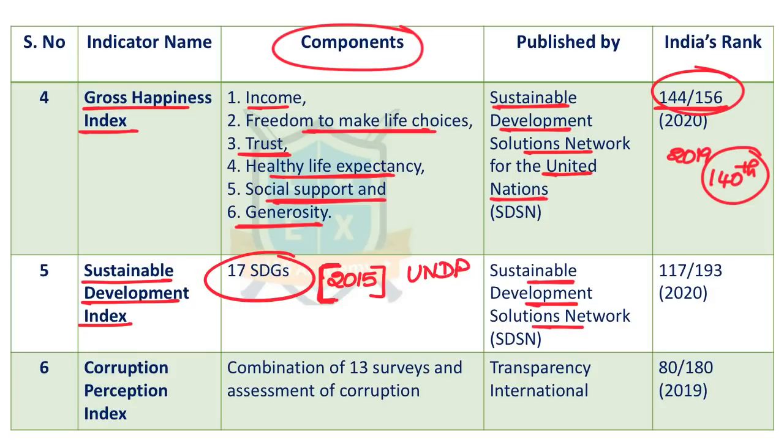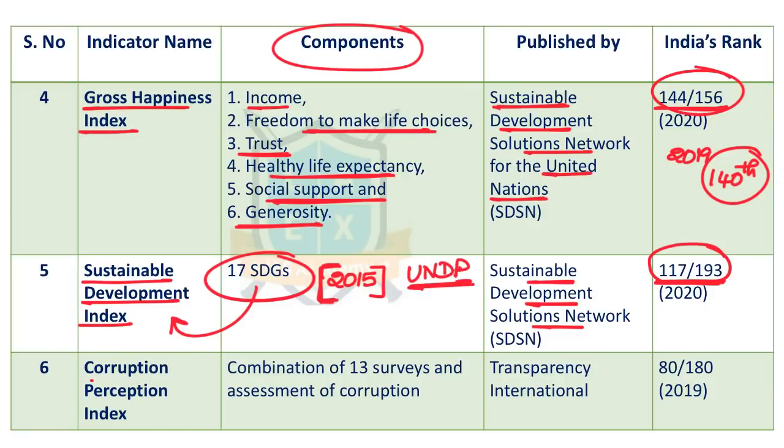This has developed this index, Sustainable Development Index, based on these 17 indicators, 17 goals. So India got 117th rank out of 193 countries under UNDP. 117th rank. That means we are far away from reaching the sustainable developmental goals.